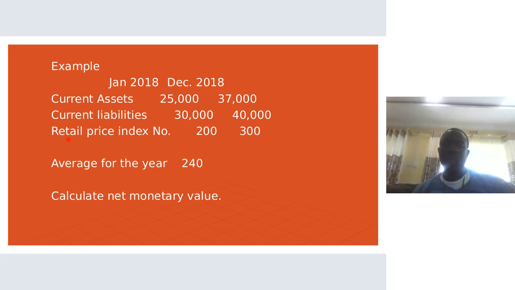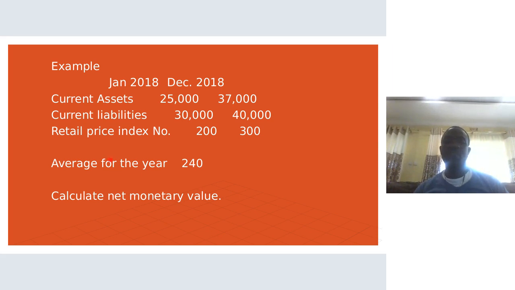Then we have the retail price index. In January, the retail price index was 200. In December, the retail price index was 300.